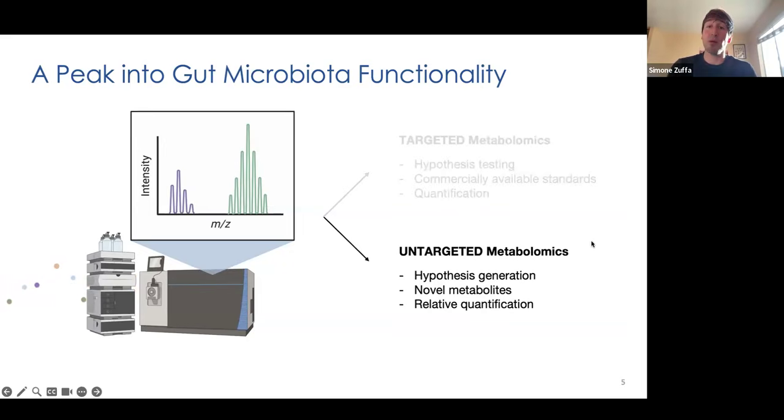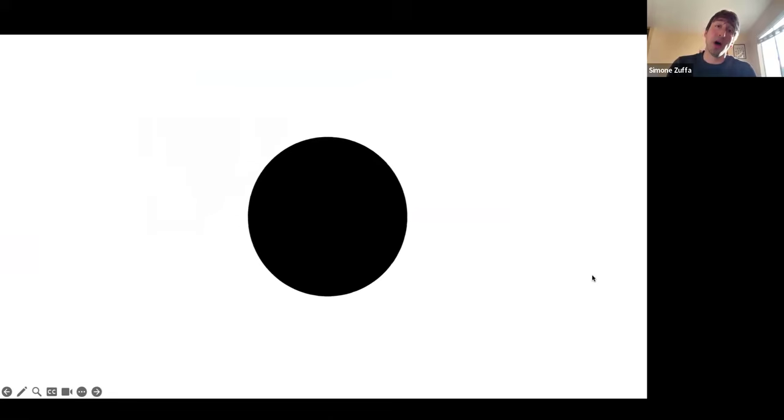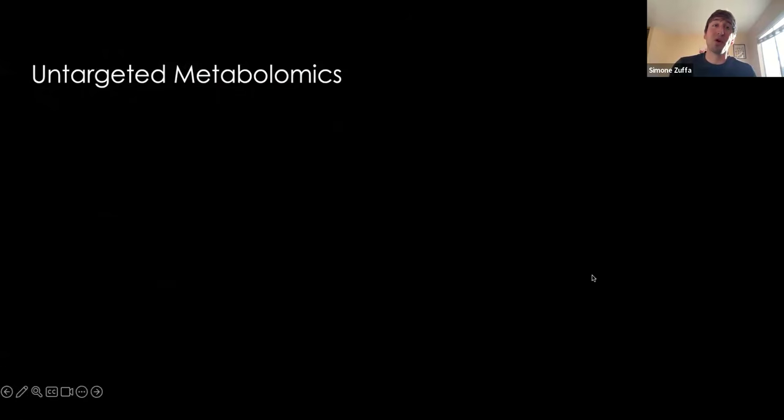In our group, we are more focused on untargeted metabolomics, which focuses on secondary metabolites, so microbial metabolites. It is more involved in hypothesis generation and aims to capture all the molecules that are possibly observed in a specific sample. But there is a big drawback in the untargeted approach. We have almost no idea of what we are observing, and this is the dark side of untargeted metabolomics.